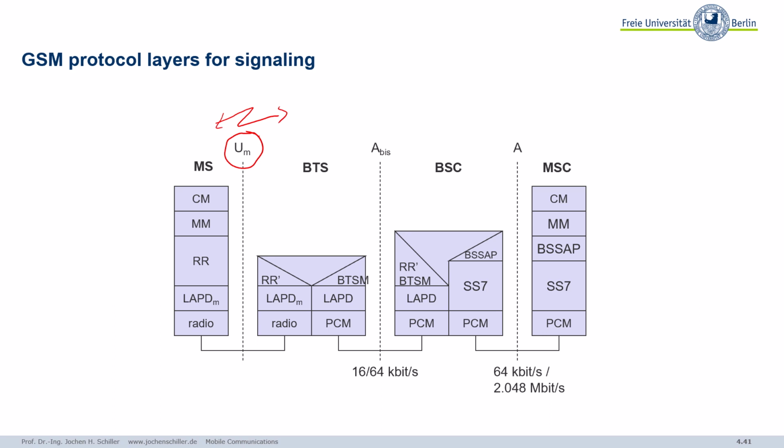That's where we transmit over the air between the mobile station and the base transceiver station. Then we have the A interfaces between BTS, BSC, and MSC. And this is then usually where we have our fixed or microwave connection from the base station to the base station controller into the fixed network where you have all the MSCs.